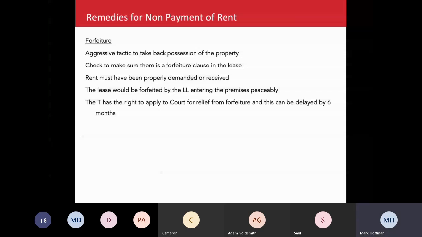Okay, so there's no point in forfeiting a lease for breach of repairing obligation, for example, in order that you can then re-let it, because the tenant has 6 months to remedy the breach and take back possession. Non-payment of rent, however, as I said, is different. 21 days, change the locks, assuming there's a forfeiture clause in the lease.